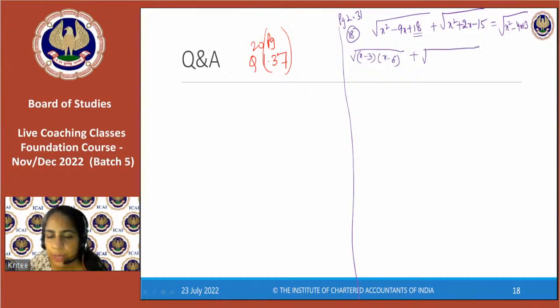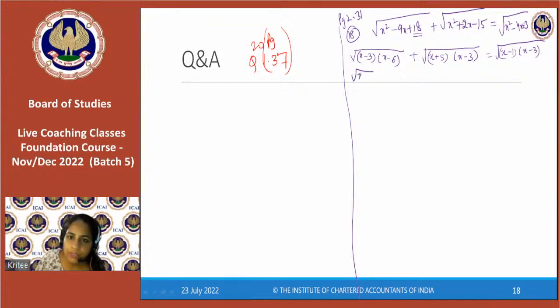Plus square root of this, 15 is 5 and 3, so x plus 5 into x minus 3, is equal to square root of x minus 1, x minus 3. So if you notice, we have under root of x minus 3 in all the three cases. So I take under root of x minus 3 common.